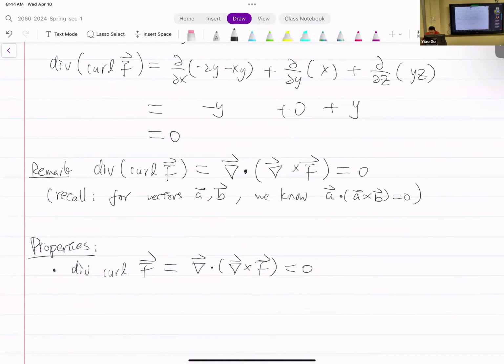And now, if you're doing the curl of a gradient of a scalar function. If you think about this, the curl is actually the nabla operator crossing with the vector field that follows, right? And now the vector field is nabla of f. So now you can see this looks like a vector A crossing with a multiple of A, right?